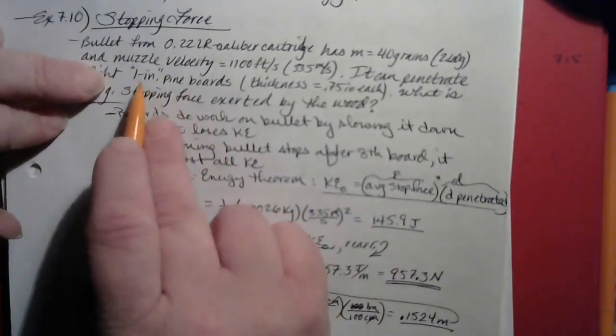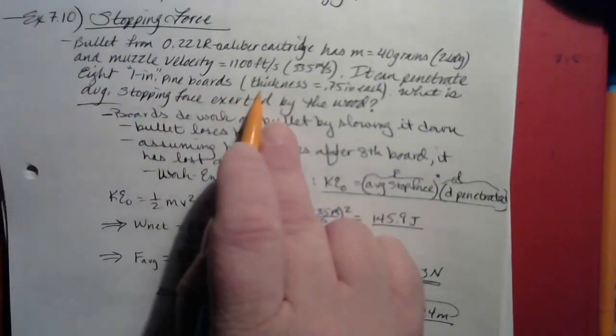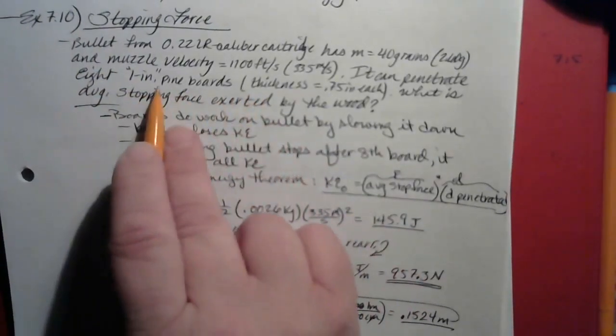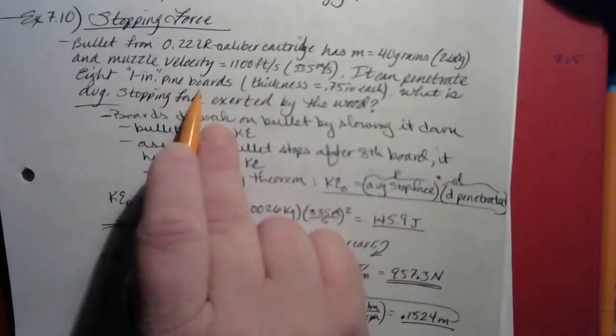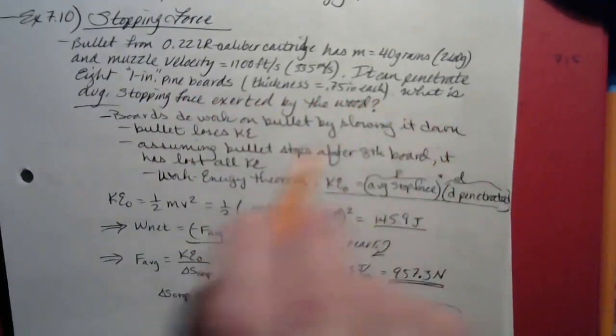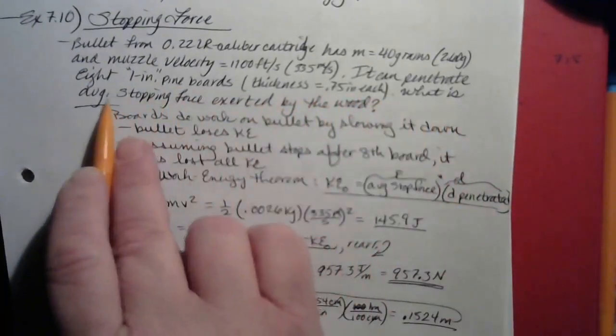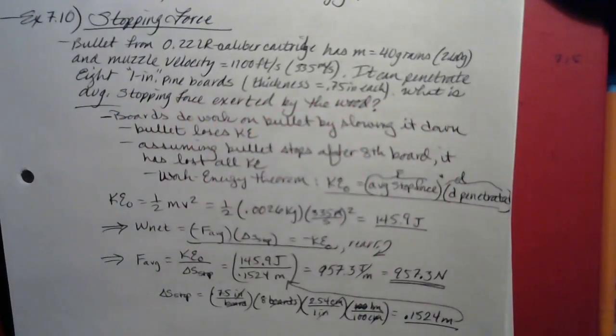I have 1 inch in quotation marks because when it comes to lumber, measurements ain't what they used to be. 2x4s are not 2 inches by 4 inches anymore, and 1 inch pine boards, they're not 1 inch. They're actually 0.75 inches each. So what is the average stopping force exerted by the wood? That's the question.